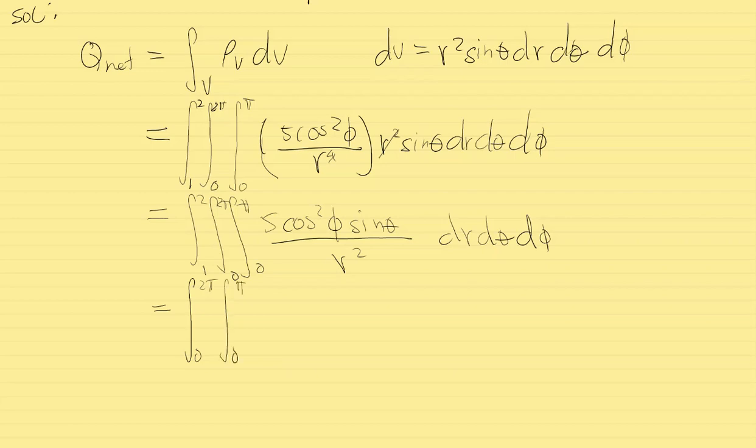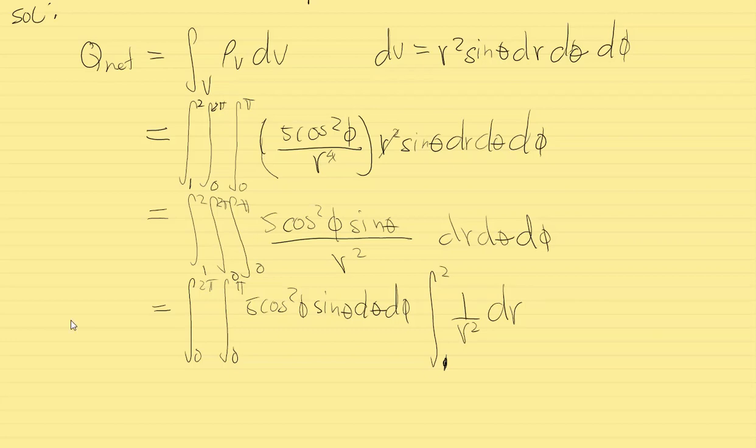We take out the other values, sine theta, d theta and d phi. Then we do from 1 to 2 of 1 over r squared dr.